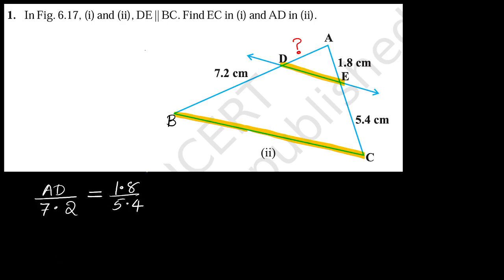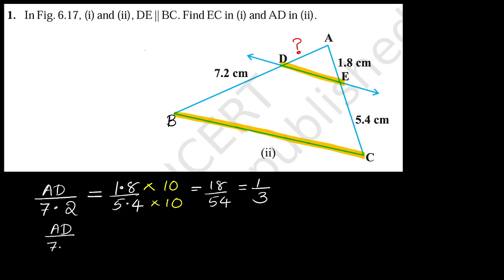You just remove the point by multiplying with 10, so that I can write this as 18 by 54. What is this? Is it 1 by 3? You can check it. 54 by 18 is 3. If you don't understand, you can ask me doubt. Let me complete it first.